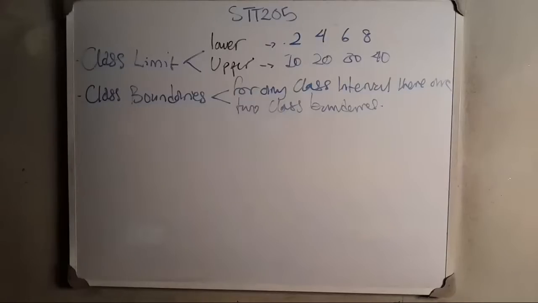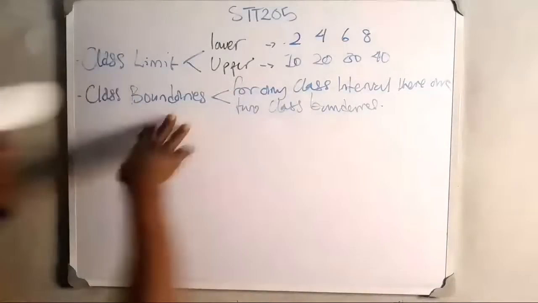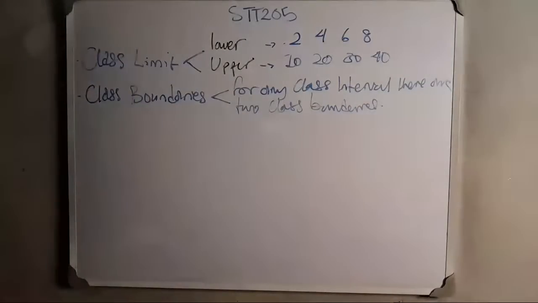The lower class boundary relates to the lower class limits, and here we have the upper and the lower as well.